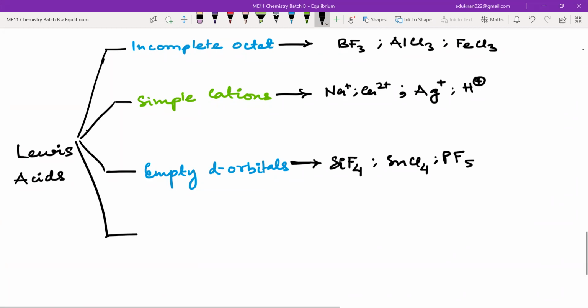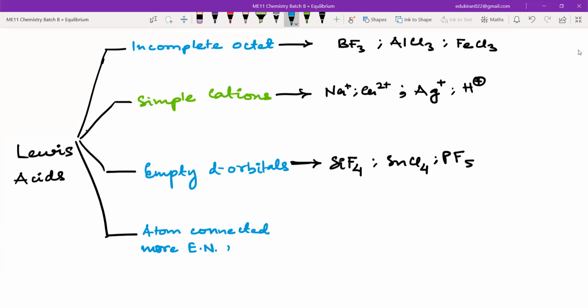Okay. Then the last is if you have an atom connected to a more electronegative atom via a multiple bond.